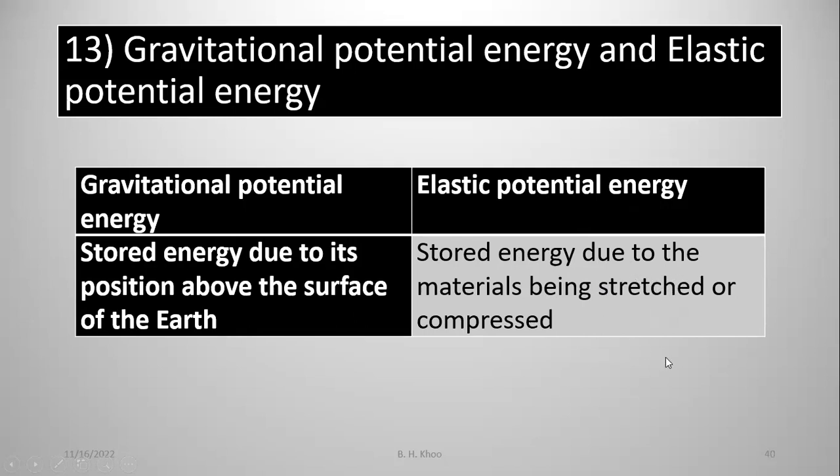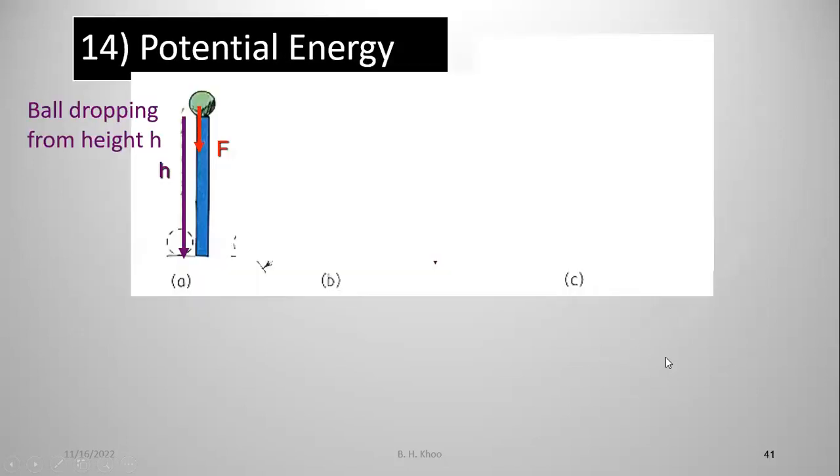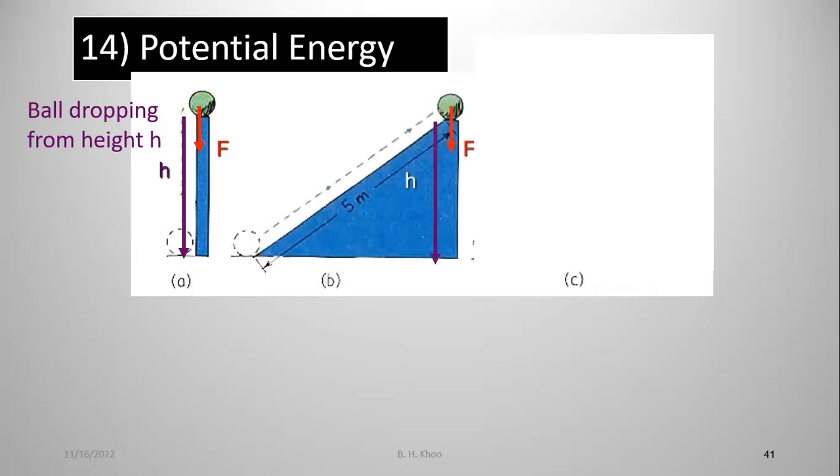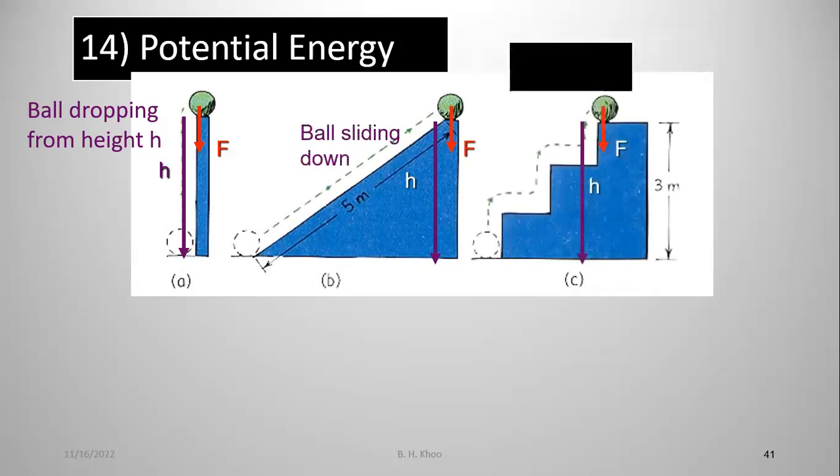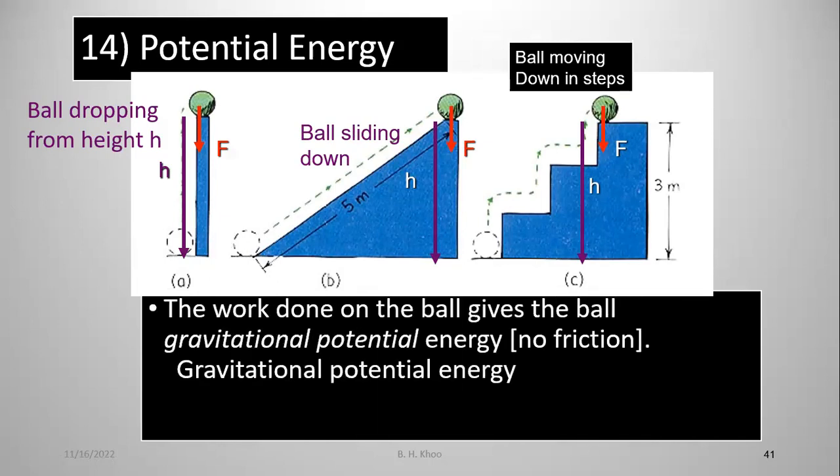In these cases, a ball dropping from a height h, rolling down a smooth slope of height h, or moving down steps, the height h is the same. So the work done or potential energy is the same, mgh.